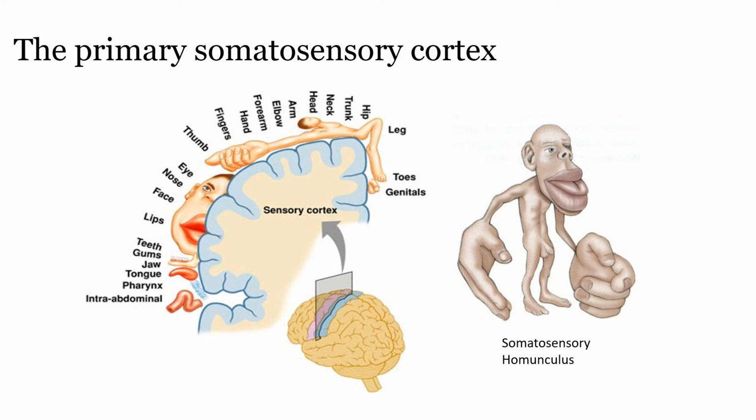There's also, if you're wondering, a homunculus for our primary motor cortex, and there is a lot of overlap between the two of them, but it's probably neat to note here that they're not perfectly aligned. And that's because sometimes our sense of touch is all we get for responding to our environment.